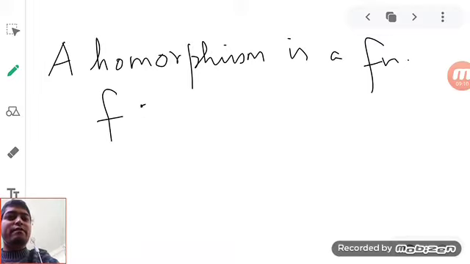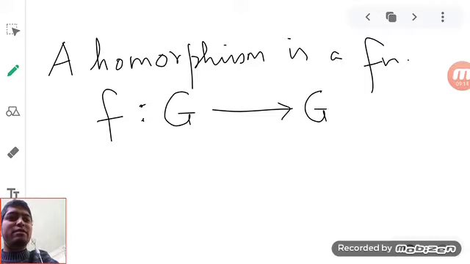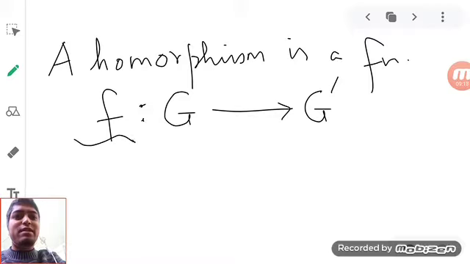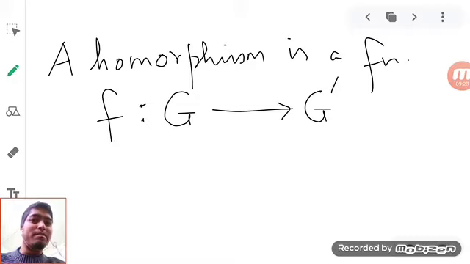f from G to G dash. Again, over here we are using the letter f. Actually, we can use another letter for this one. You can use g, you can use h, you can use theta, phi, anything, but because it's only natural for a function, we denote it with f.